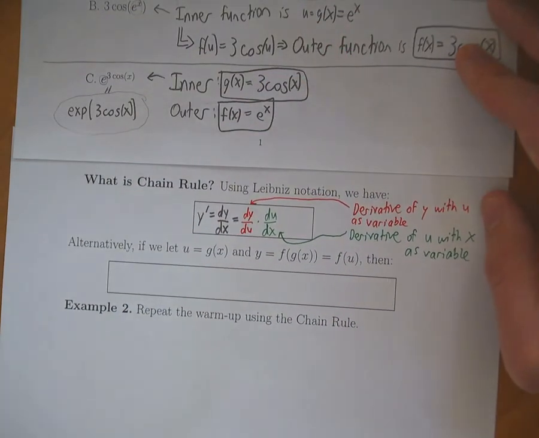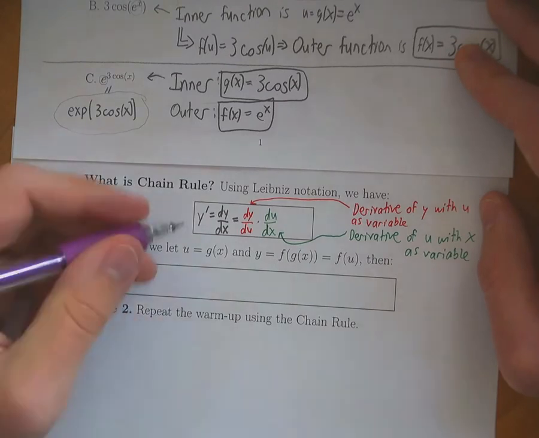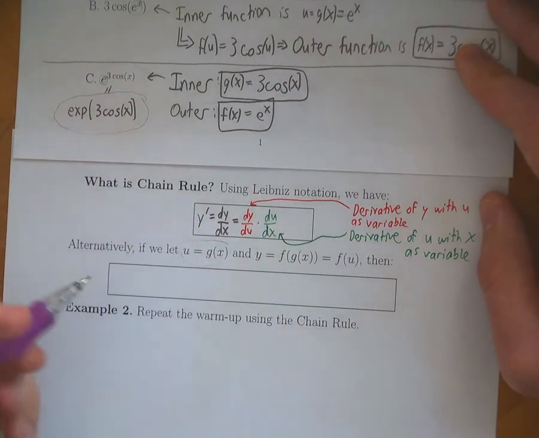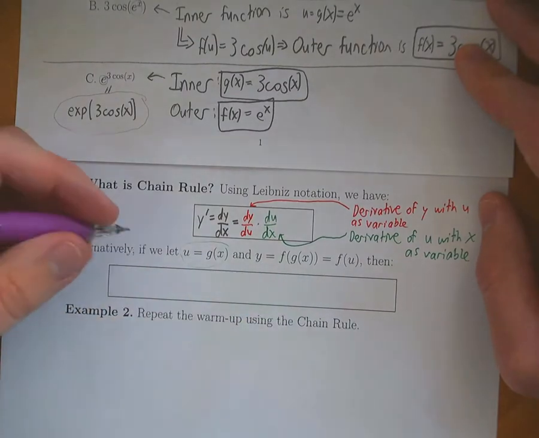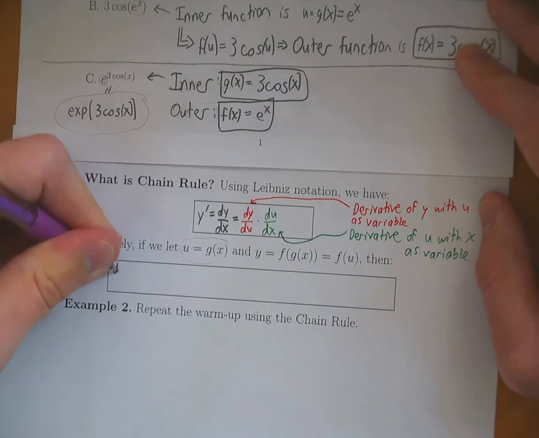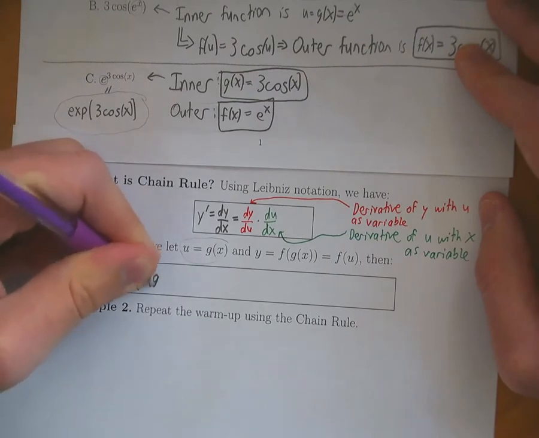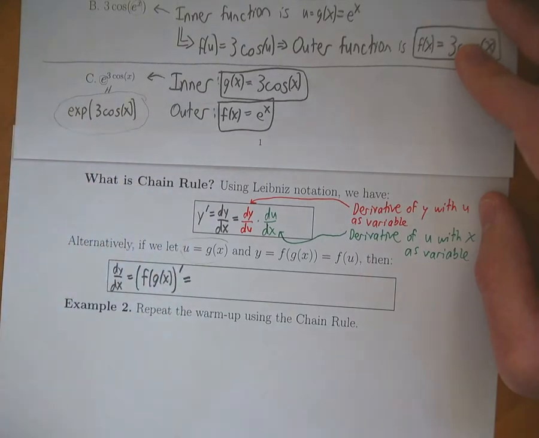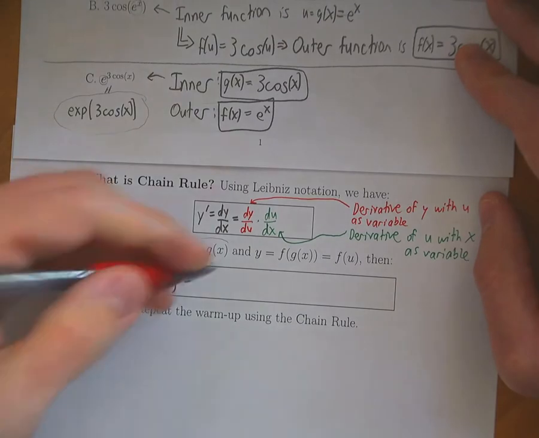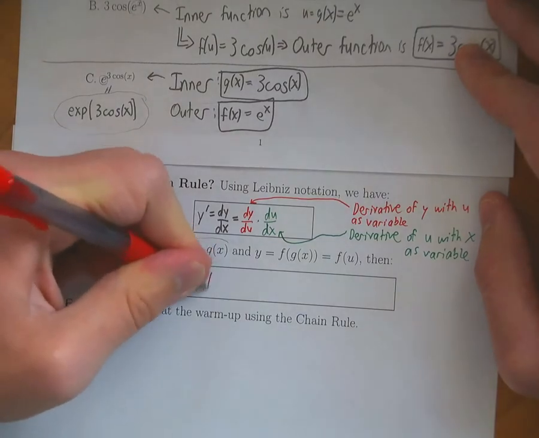To give you a slightly better representation of what we'll need to compute here, let's let u equal the inner function g of x and y equal f of g of x. What this says is that dy over dx is the same thing as f of g of x prime. You can also write this as f prime of u.